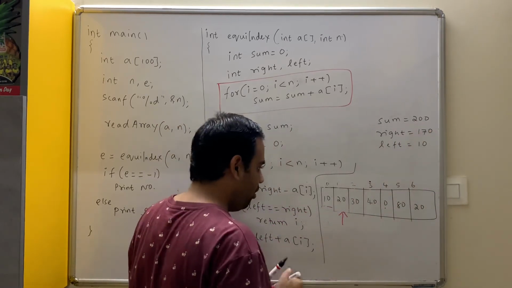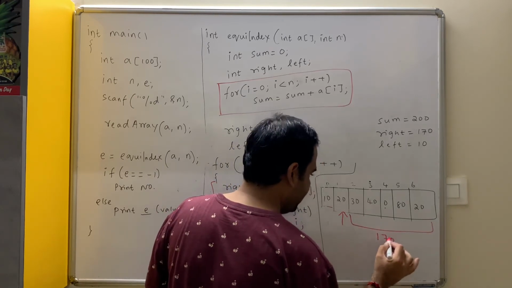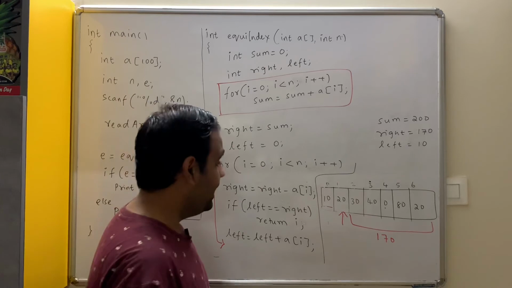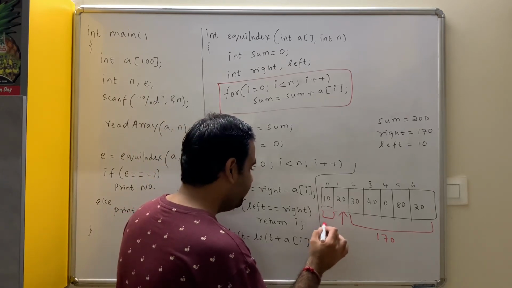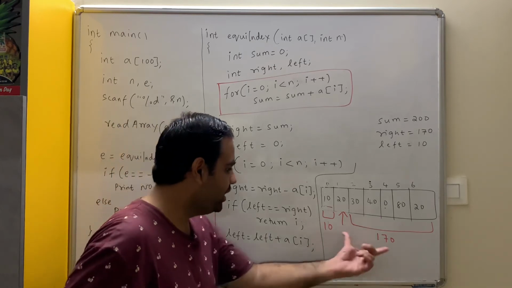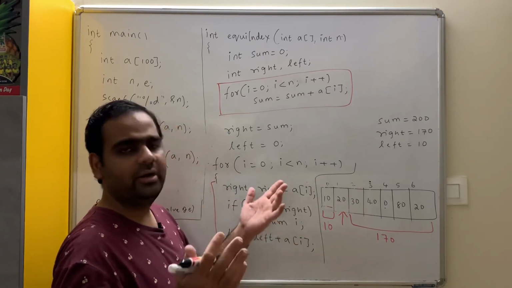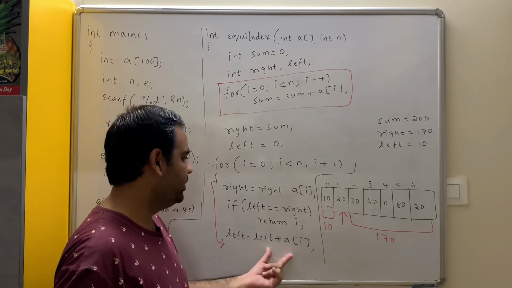That means on the RHS of index 1, the sum is 170, and the LHS sum is 10. These two should be equal for an equilibrium index. Is left equal to right? No, this is not the equilibrium index.